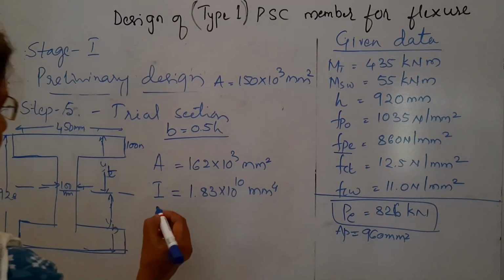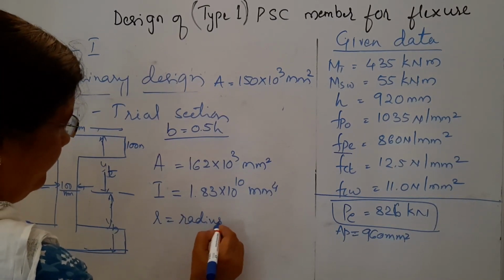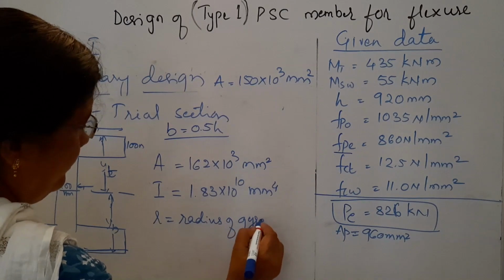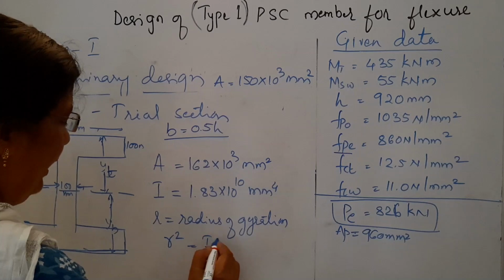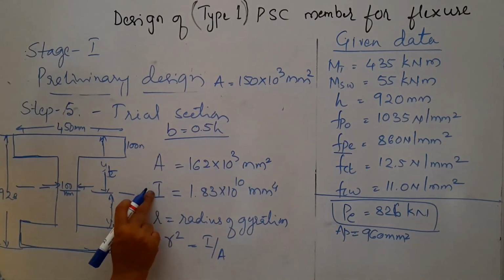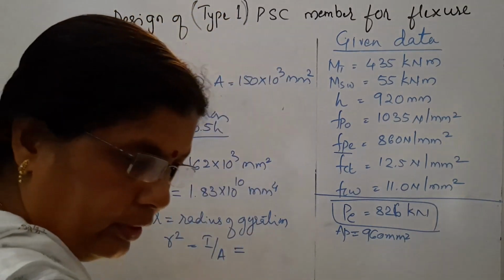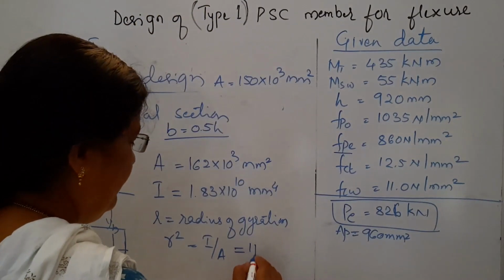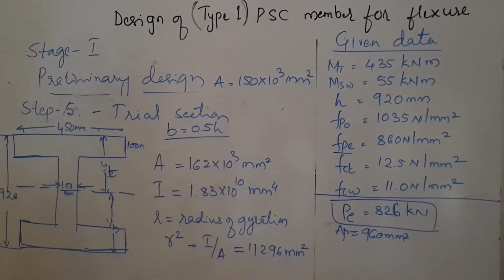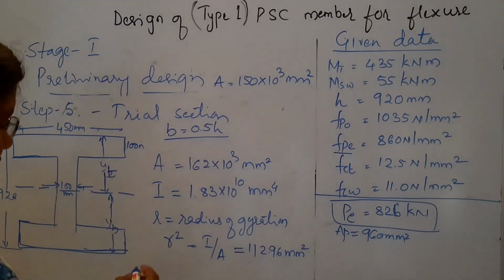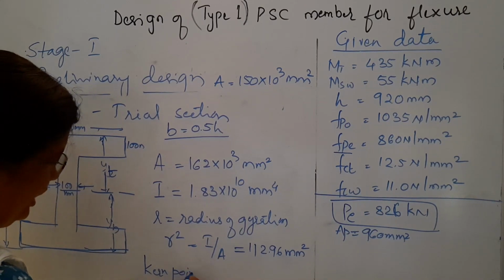Once you get this, you have to calculate the radius of gyration. That is, R square is equal to I by A. We have got I, the moment of inertia, and A. This value comes to R square equal to 112.96 square millimeter. And with the help of the radius of gyration, we have to calculate the position of the kern points from the centroidal axis.